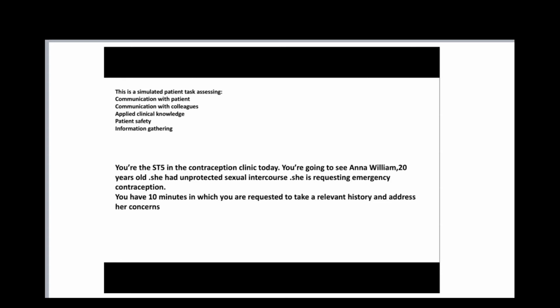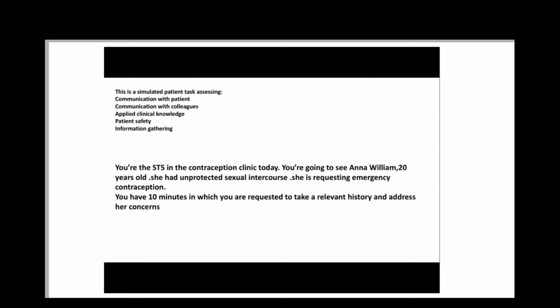One thing I want to tell you: during the history, ask her if this is the first time to have unprotected intercourse in this cycle, or if she has had it before. Because if she has had any unprotected intercourse before, this may increase her risk of pregnancy.